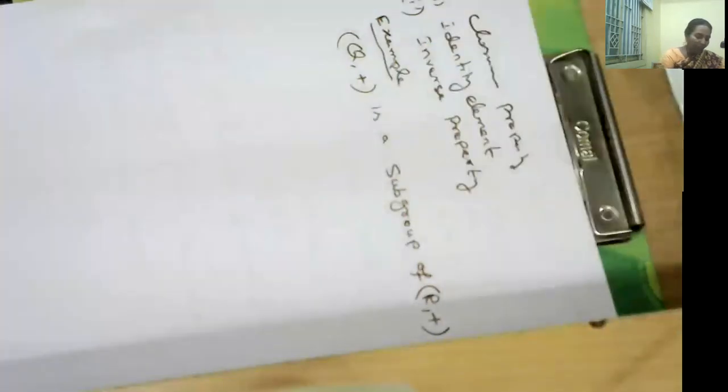So next is a theorem. The theorem gives the necessary and sufficient condition for a subset to be a subgroup. Already, for a subgroup, we said the non-empty set satisfies closure, identity, and inverse properties. If these three properties are satisfied, we can conclude that it is a subgroup of a group G. But we have another condition.